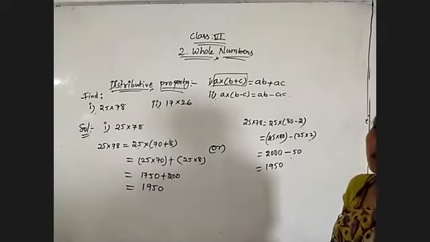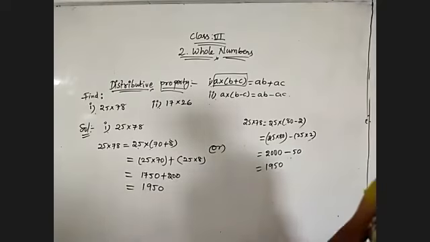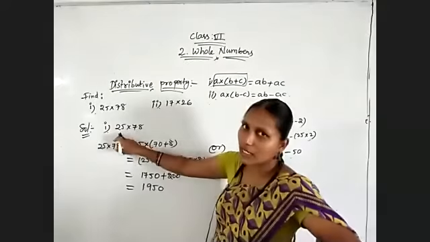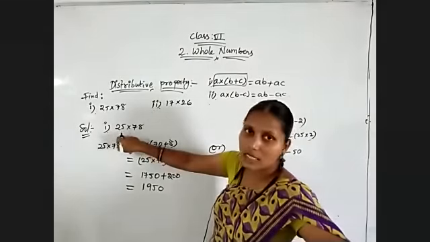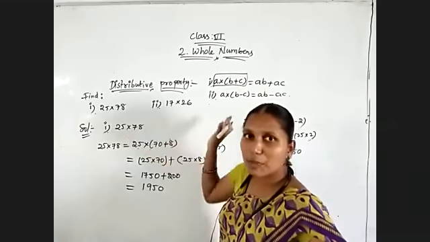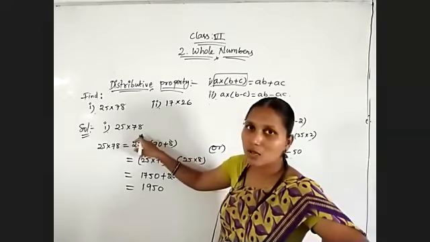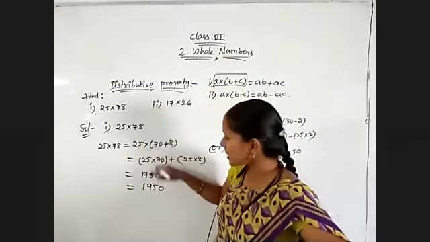That's all. Like this we can do. We can expand either number. If you want to expand 25, we can write it as 20 plus 5, otherwise 30 minus 5 also. But 78 is a bigger number, so for calculations we can't get answers as easily.